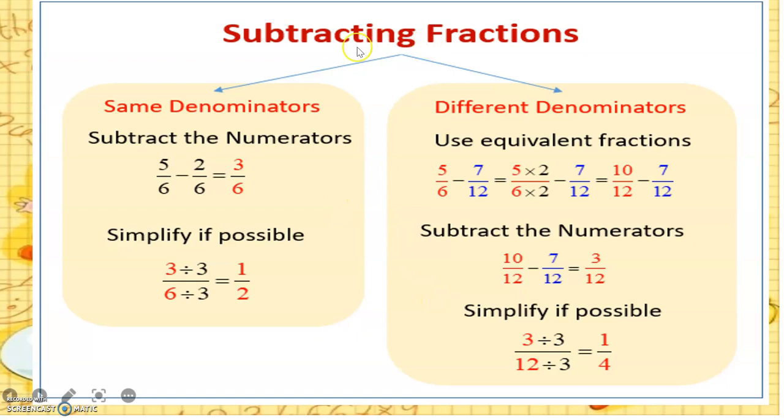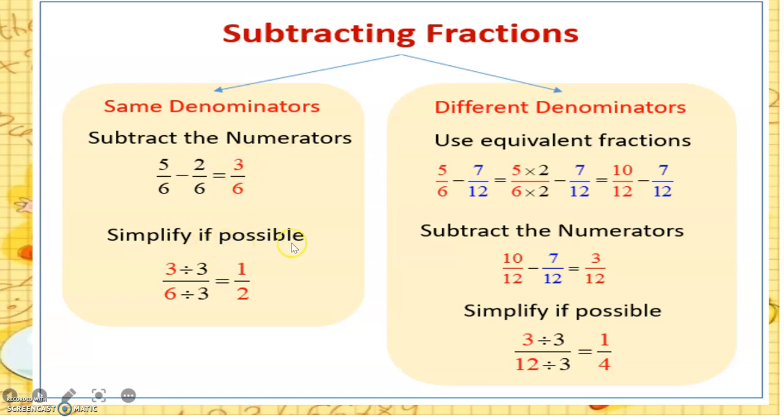Next, subtracting fractions. What is subtracting fractions? Minus, right? With the same denominator, subtract the numerators. These are the numerators and these are the denominators. 5/6 minus 2/6. 5 minus 2 equals 3, and then copy the denominator: 3/6.